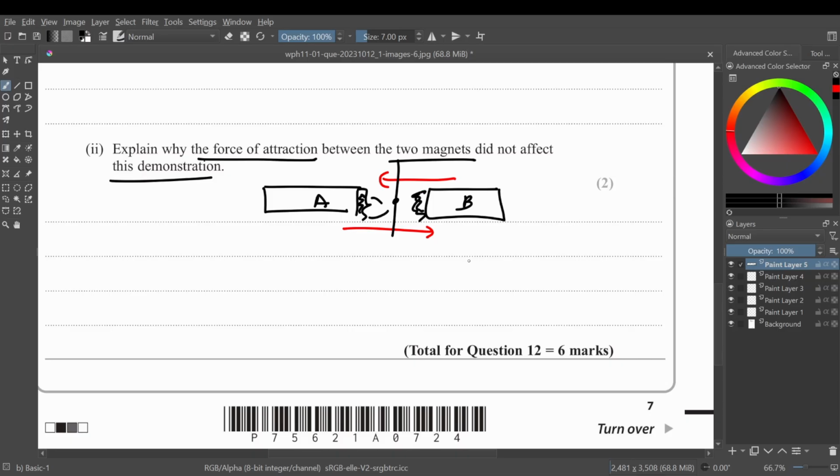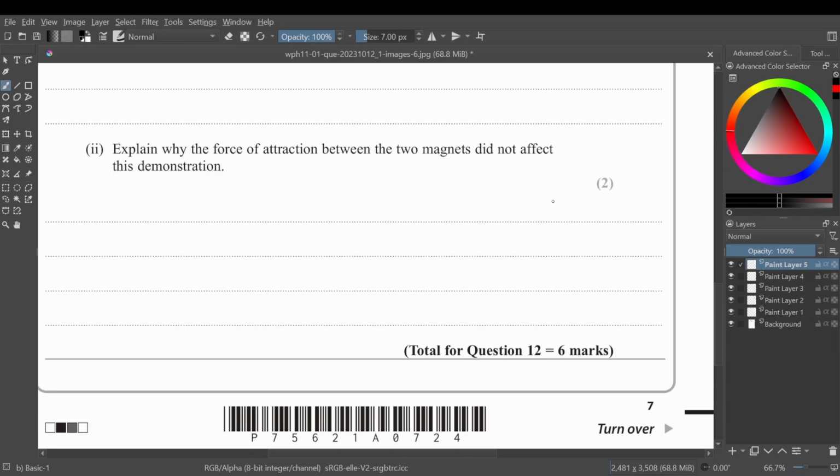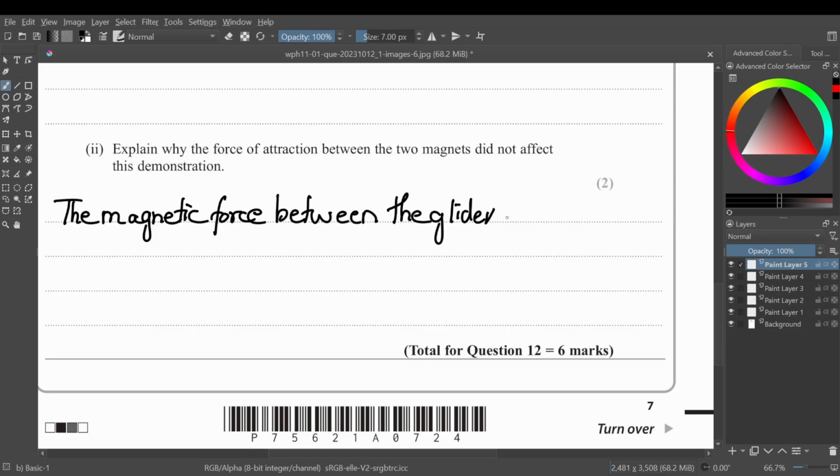So basically we have to explain all of this in a word form or a simple sentence. So let me write that sentence for you guys. We will say that the magnetic force between the gliders are equal in size and opposite in directions, right?